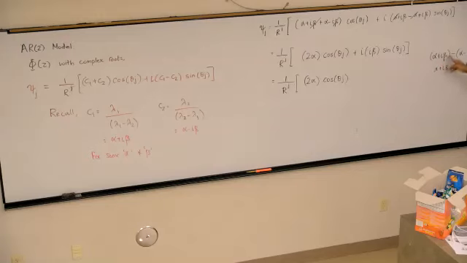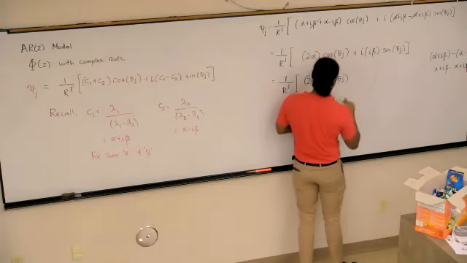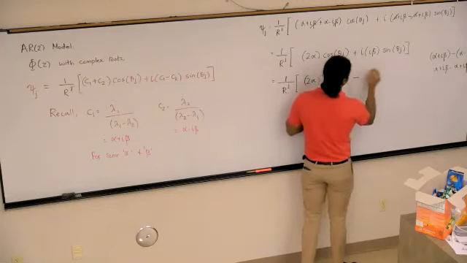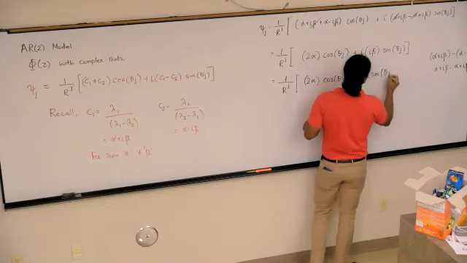All I did is C1 minus C2, distributed the negative, and went directly to that. So I can see why you guys got confused. So i squared would be -1. So -1 times beta sine theta j.